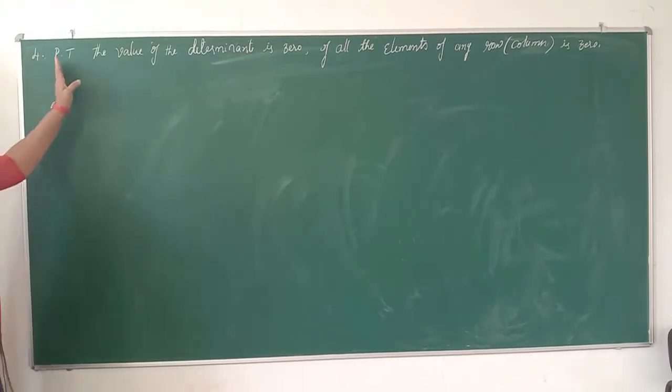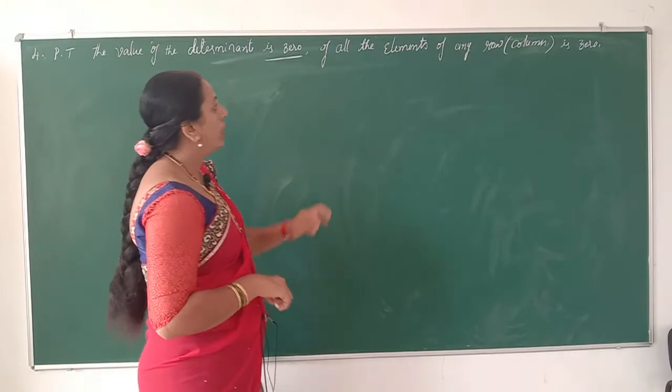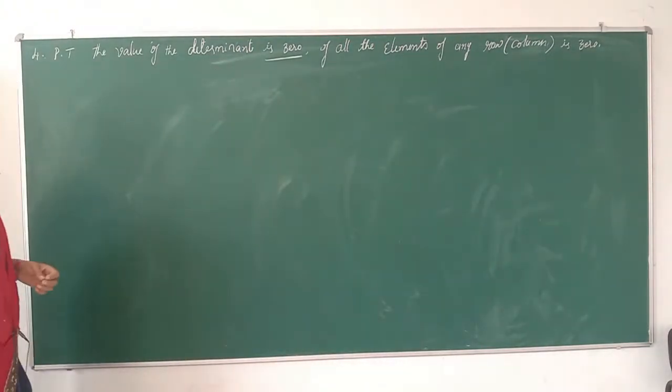Next, prove that the value of the determinant is 0 if all the elements of any row or any column are 0.